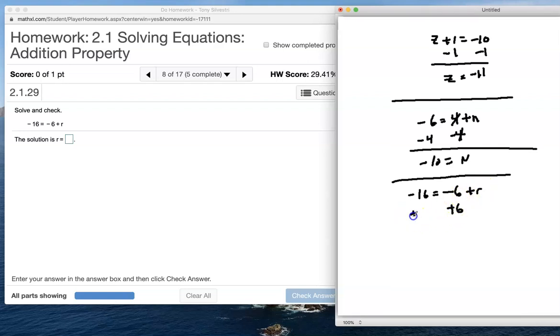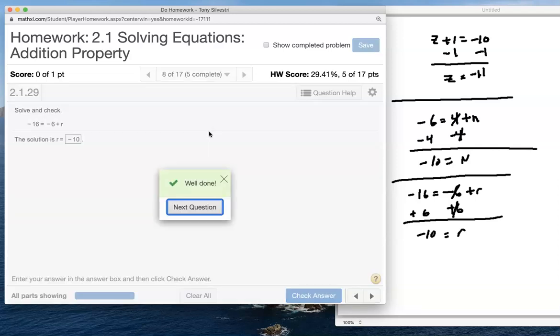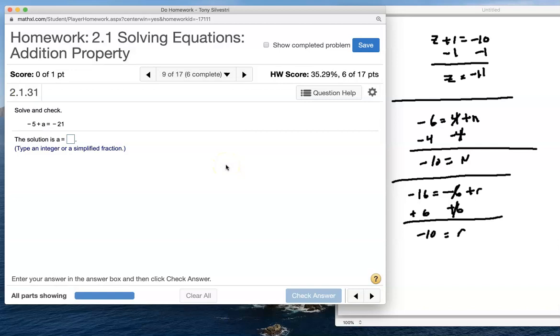Whatever you do on one side, you do on the other. That cancels, and the whole idea now is r is by itself. Negative 16 plus 6 is negative 10. Remember, you got to know how you do your addition of positive and negative numbers from chapter 1. It's very important stuff here.